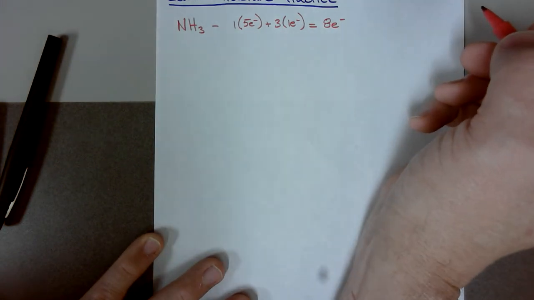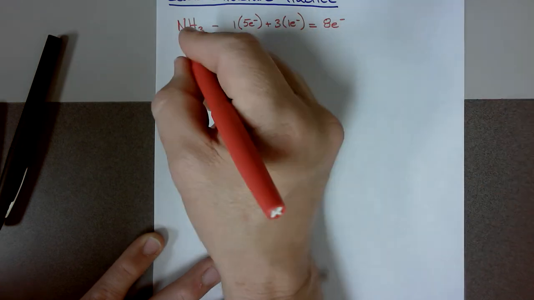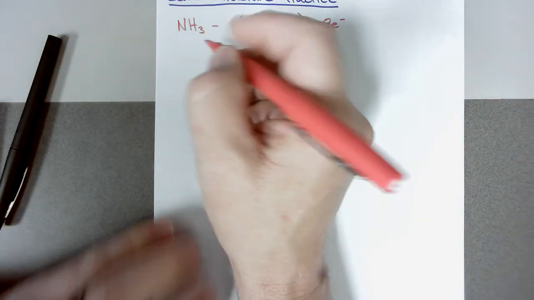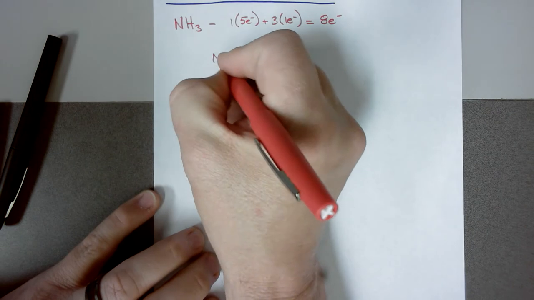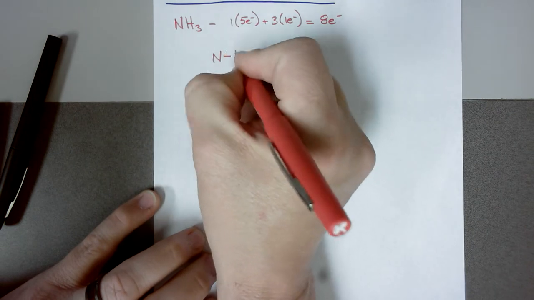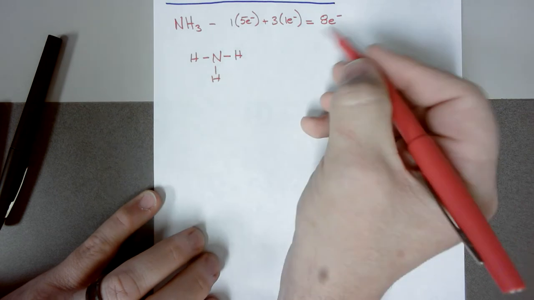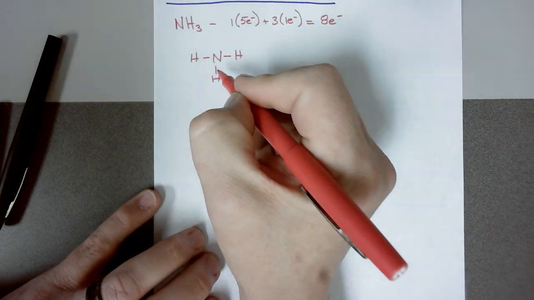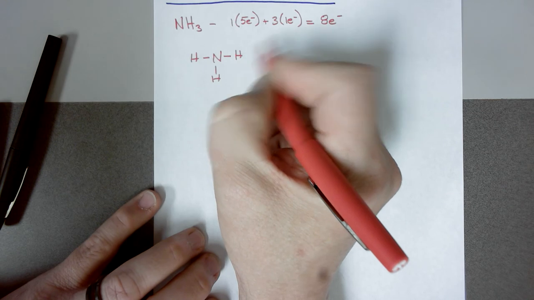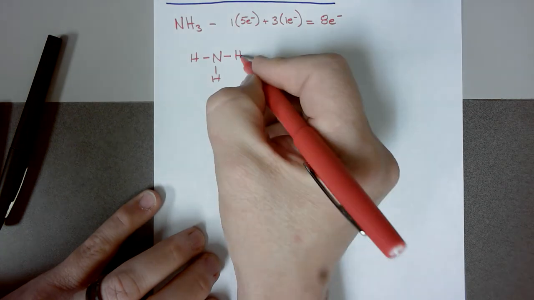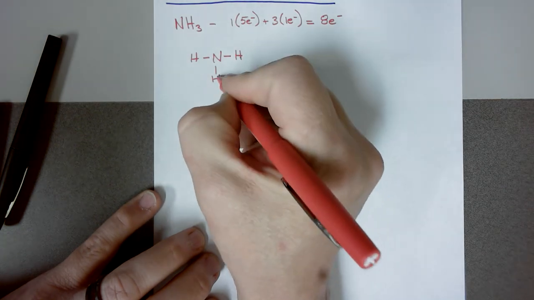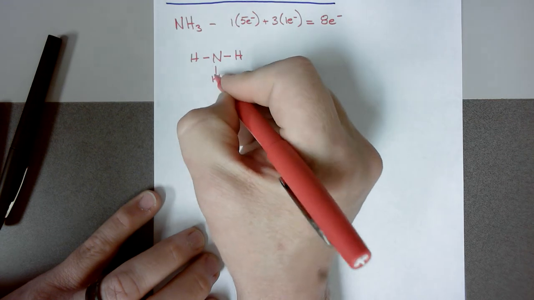With the ammonia, nitrogen goes in the center because hydrogen can never go in the center. So I'm going to put N, and I'm going to do 1, 2, 3. Okay, so I've used 2, 4, 6 electrons out of the 8. Again, I cannot put more electrons with hydrogen because it can only have 2, and the 2 are in the bond.